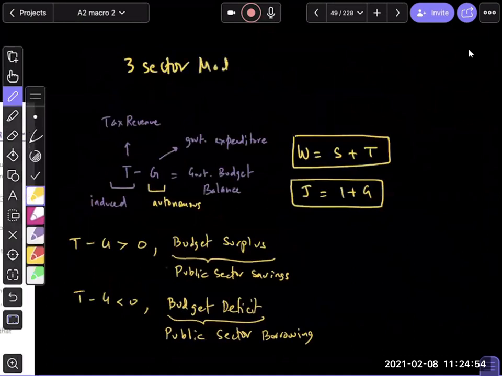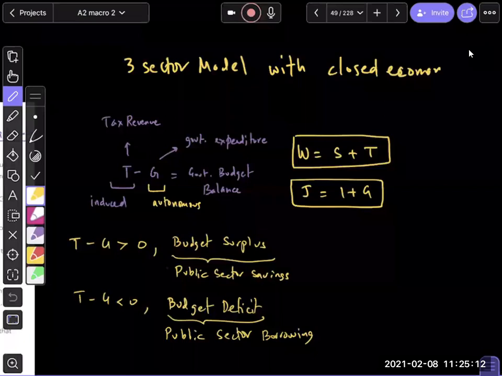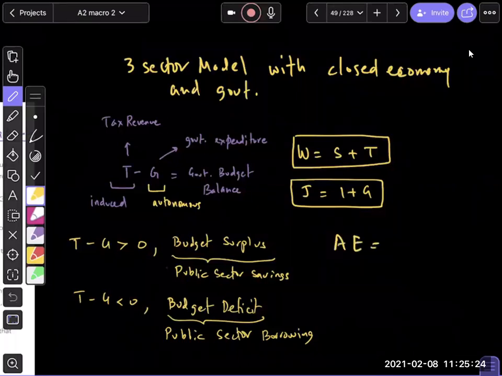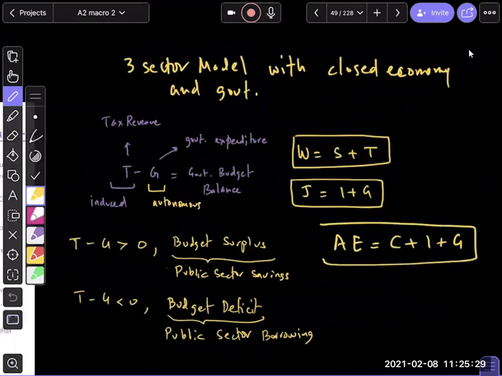A three-sector model with, or rather I should say, a three-sector model with closed economy and government, which means no international trade. Okay, guys, does that make sense? So now my AE equation will be what? AE will be C plus I plus G. That's one thing that I need to remember.